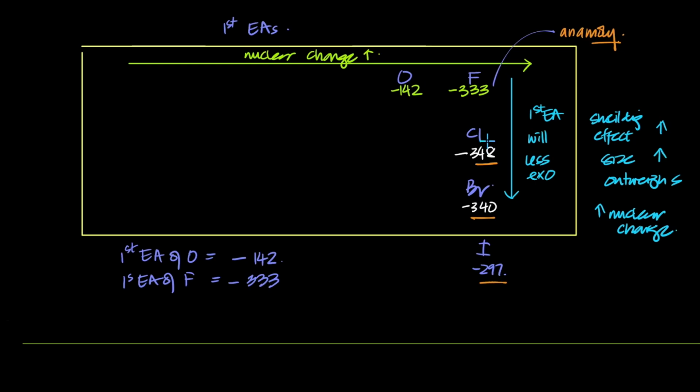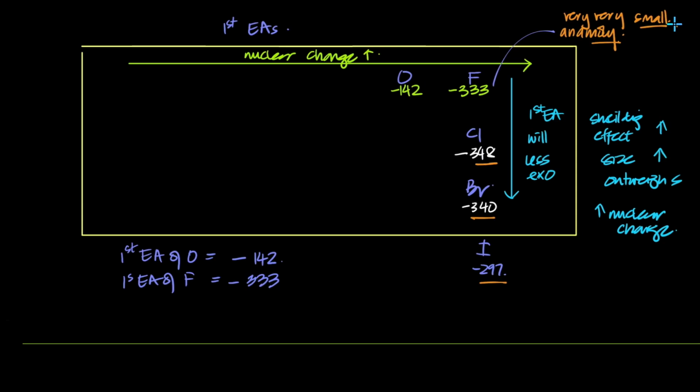So from chlorine to iodine, the attraction of the nucleus for the incoming electron gets weaker, because the increased distance and shielding effect outweigh the increase in nuclear charge. Now fluorine is an anomaly because it's very, very small, and when it becomes very small, it's hard to predict. It doesn't always follow the exact predictions perfectly.